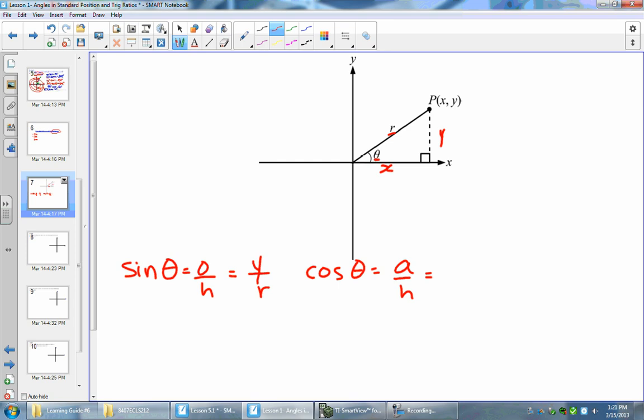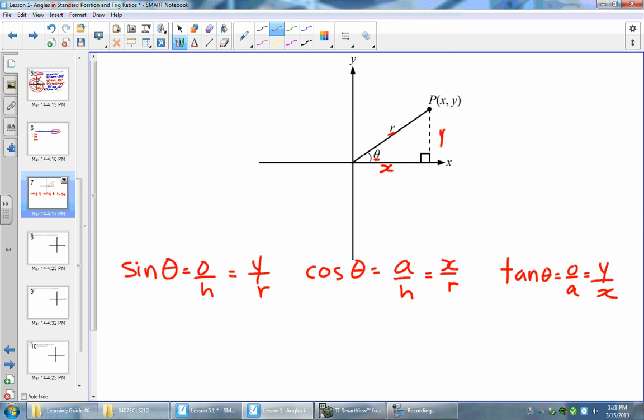In 20-1, you learned it as x over r. And that stays the same in 30-1. Finally, tan theta, you learned it as opposite over adjacent. But once again, that's 10C. In 20-1, you knew it as y over x. Okay, and that's going to stay the same for this 30-1 course.